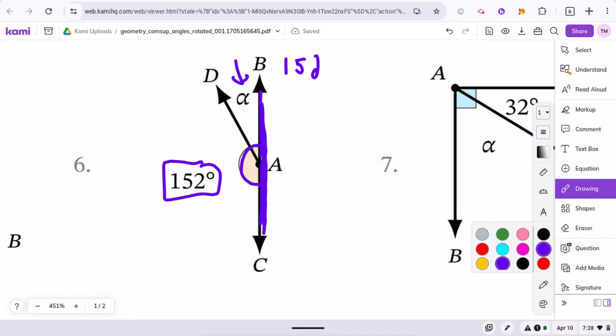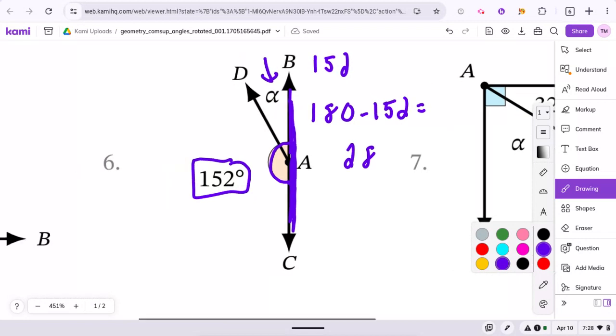So you can do this the opposite way. You can take 180, which is the total, minus the 152 that you do have, and then just subtract those two numbers. So you'd find what the missing angle is by subtracting 180 by 152, and you would get 28. So this missing angle here would be 28. So those two would total 180.